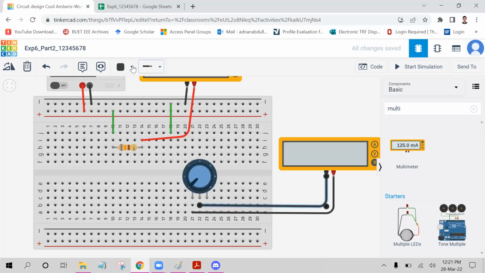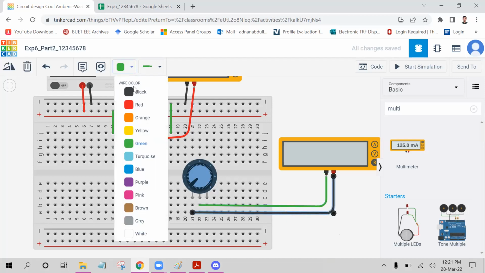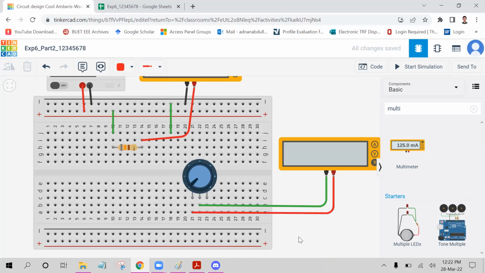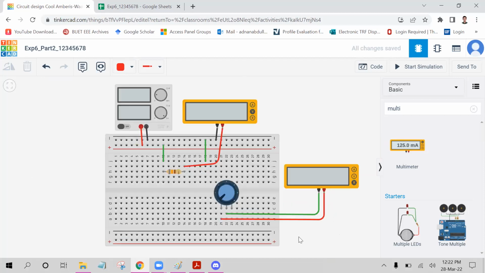Another point to note: there is no polarity, no plus or minus, in an ohm meter or in a potentiometer. So you can connect any terminal to the wiper and the other one to terminal 1. There should be no problem.